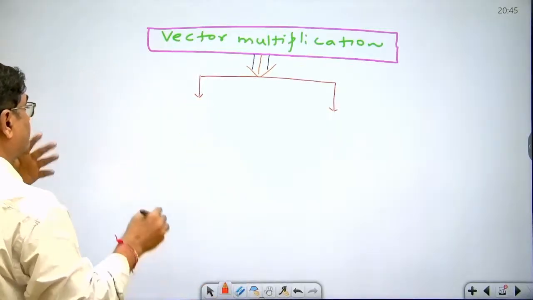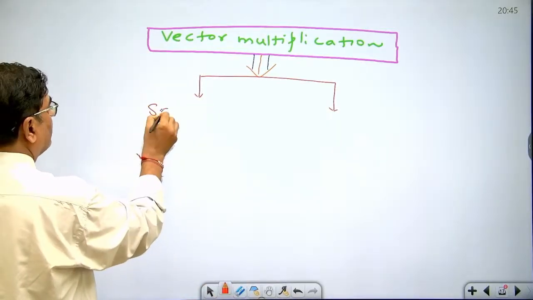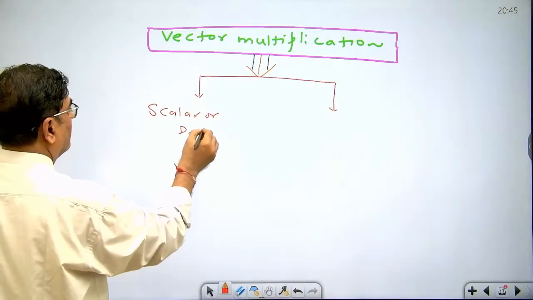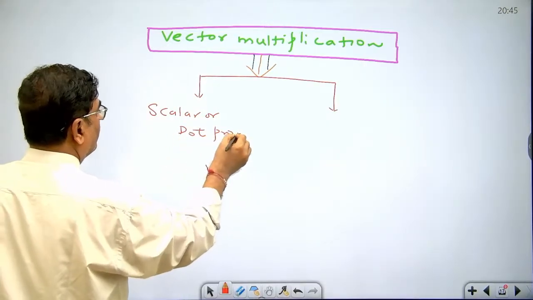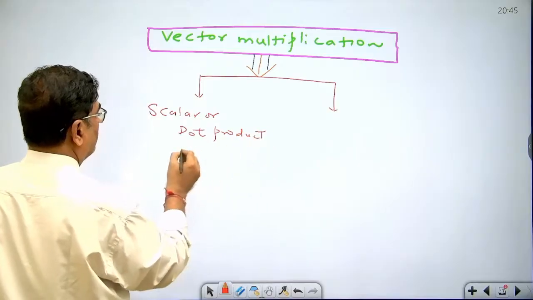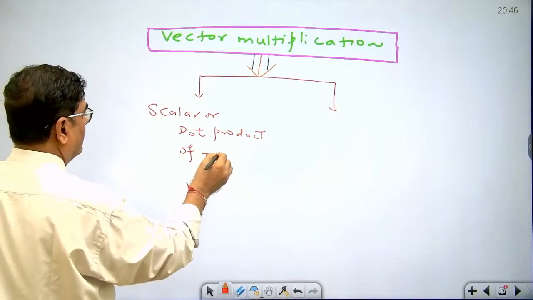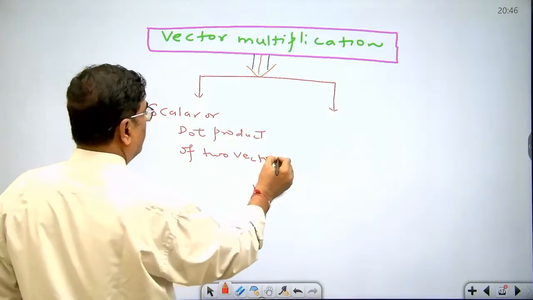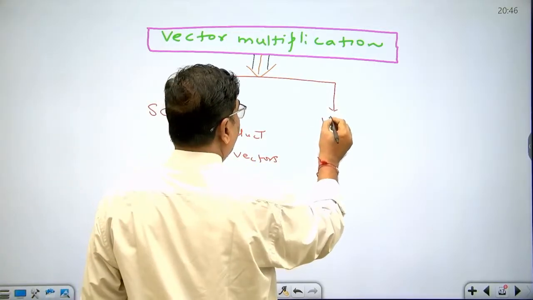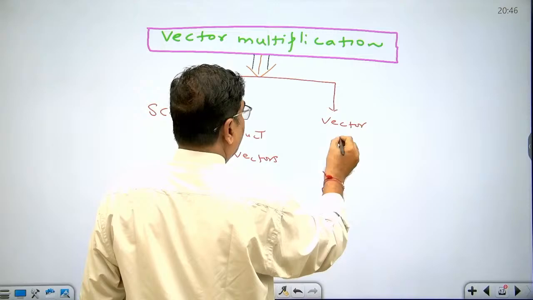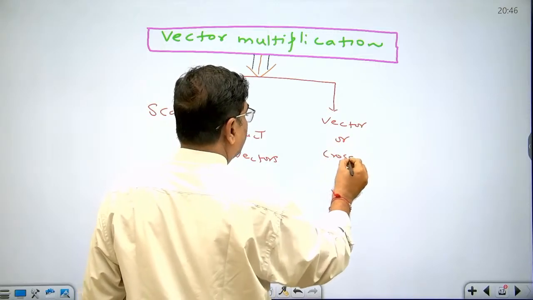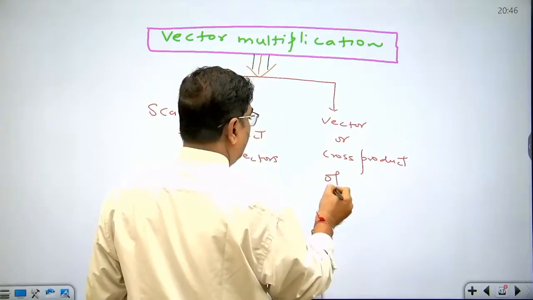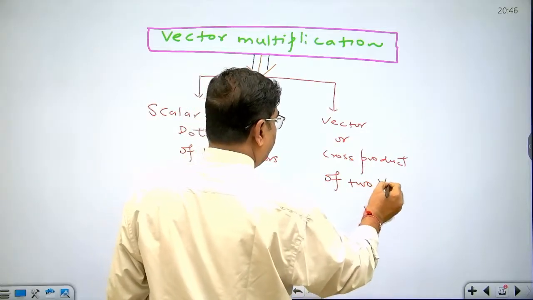First is scalar or dot product of two vectors, and second is vector or cross product of two vectors.